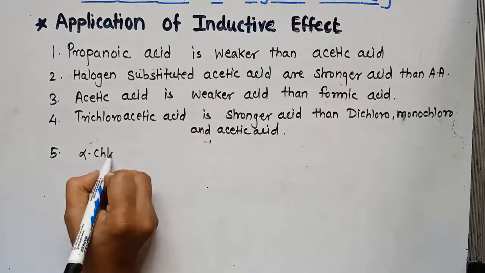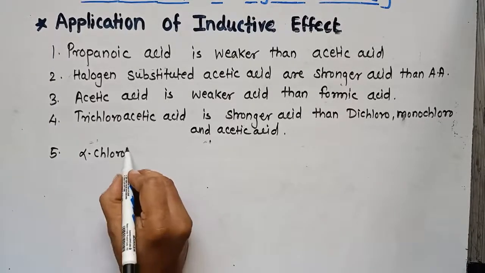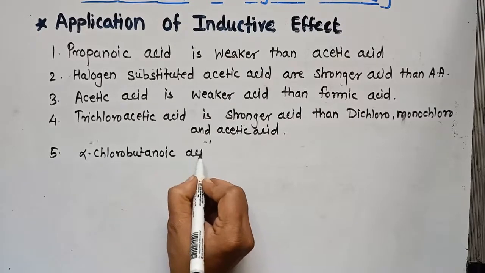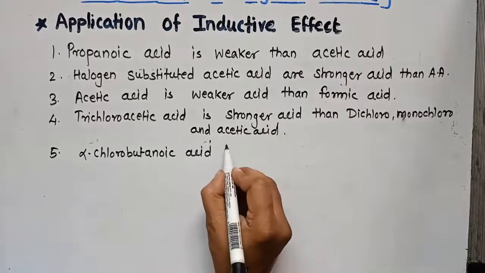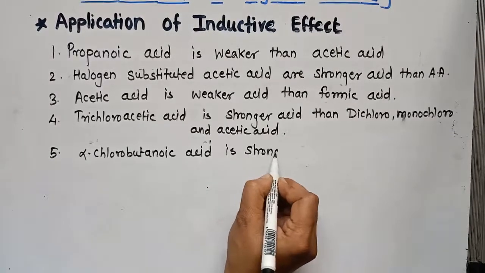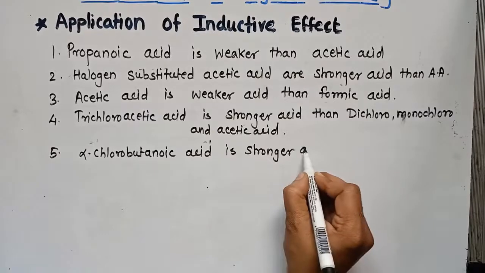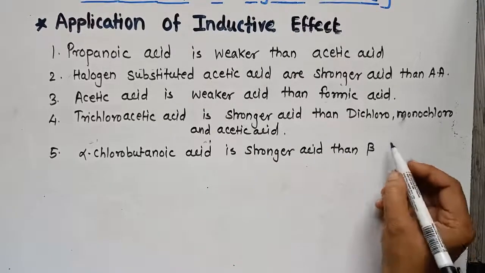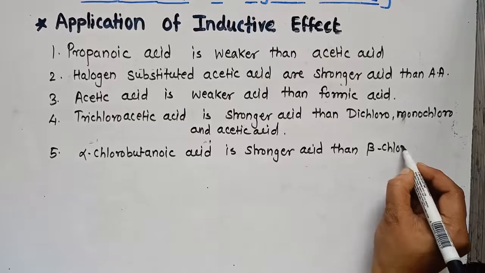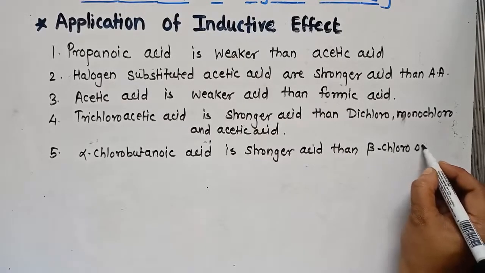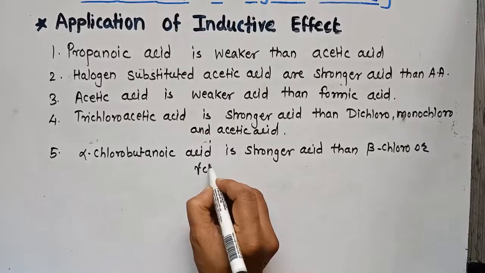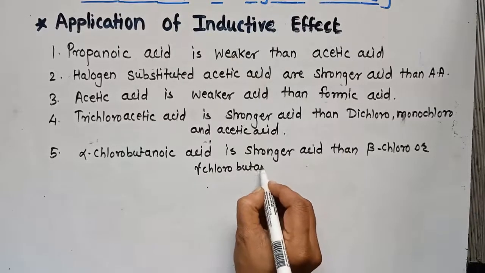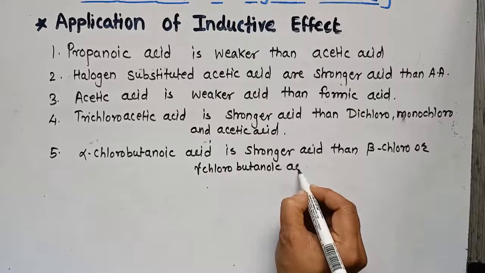Alpha chlorobutanoic acid is stronger acid than beta chloro or gamma chlorobutanoic acid.